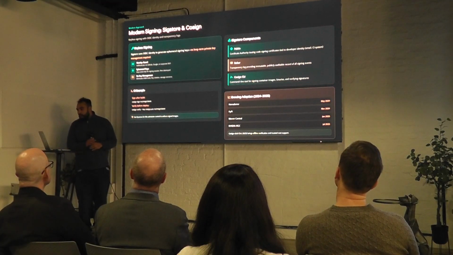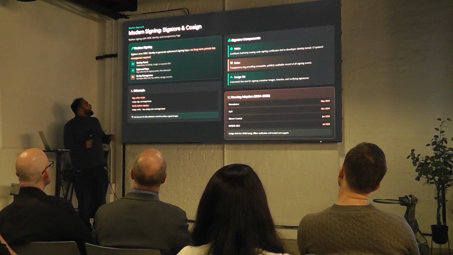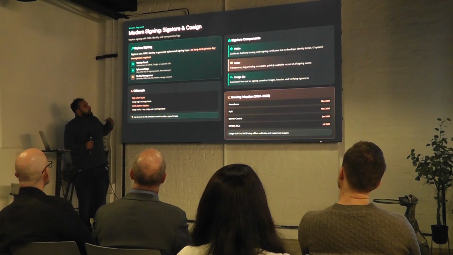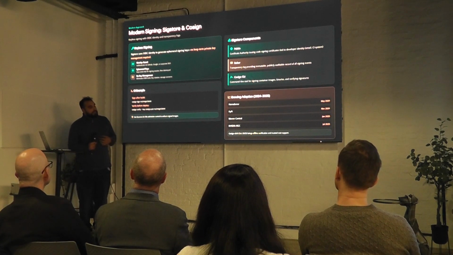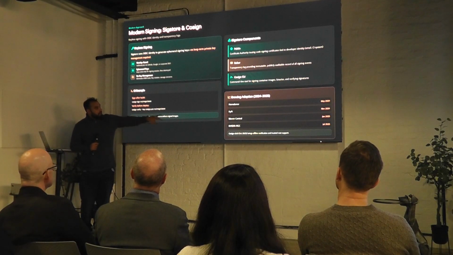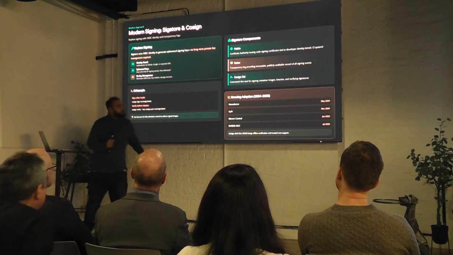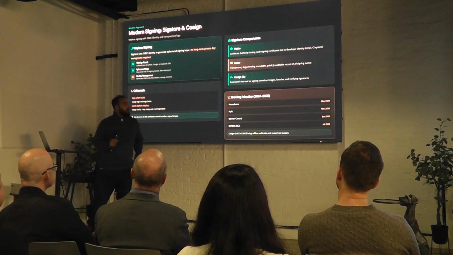And then the new modern approach is Sigstore and Cosign. A CI example would be signing builds with keyless signing, so basically make sure that you don't have keys stored forever, they're rotated. Then you can see over there the growth that has occurred from 2024 to 2025.